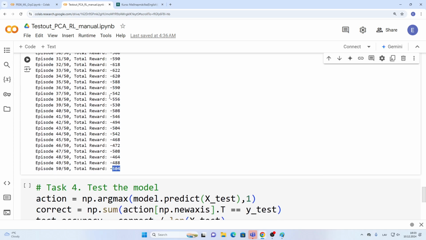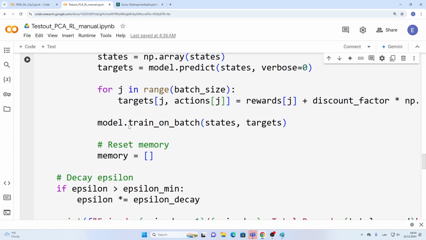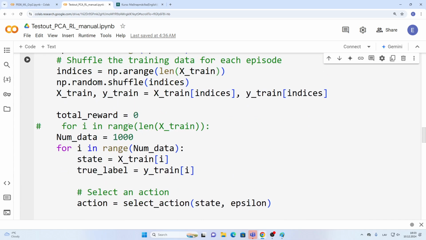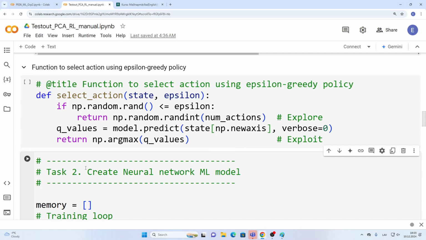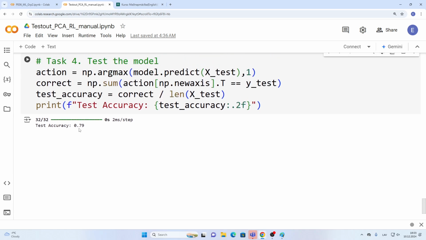So it gets better over time. Now also you can mention that this block, it doesn't show it here, but it will show here when you run it, that it took around 15 minutes to get it done. Yes, and the final accuracy is 79%.